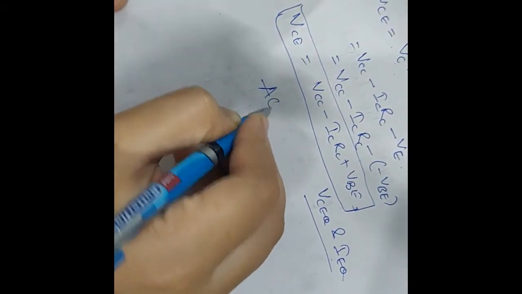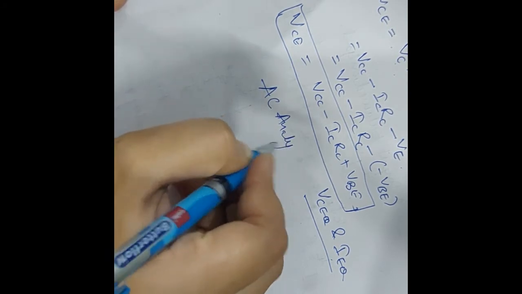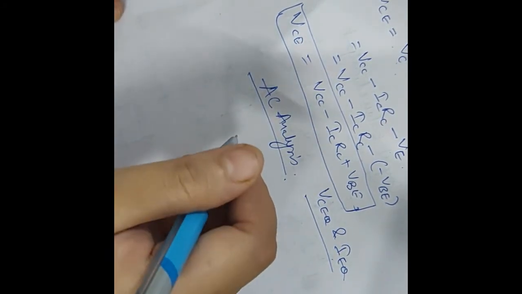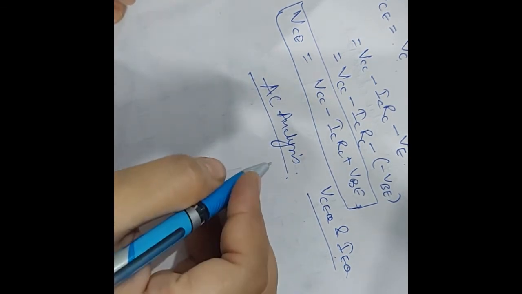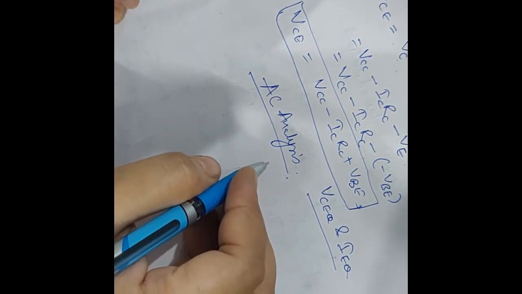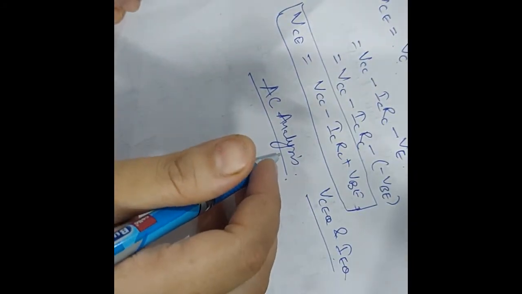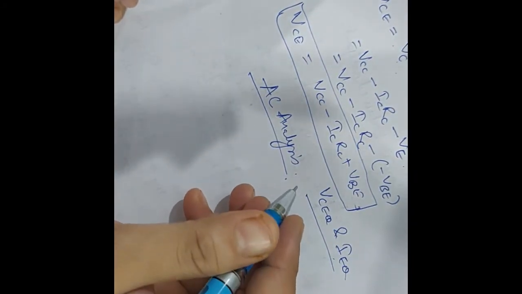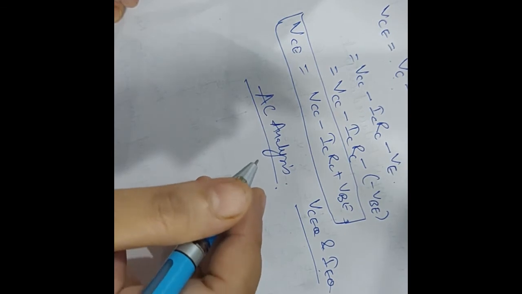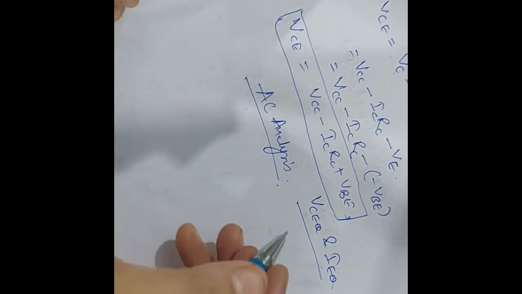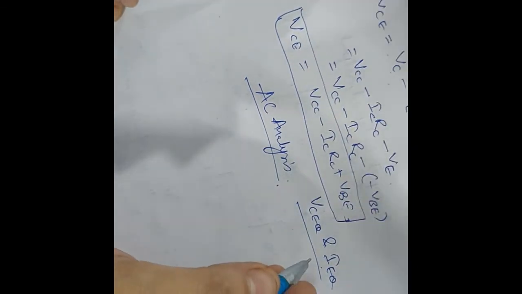Now let's come to the AC analysis. Here we will use the r parameters for AC analysis instead of h parameters because of several advantages: they are simpler in form, straightforward and less cumbersome as compared to the h parameters.